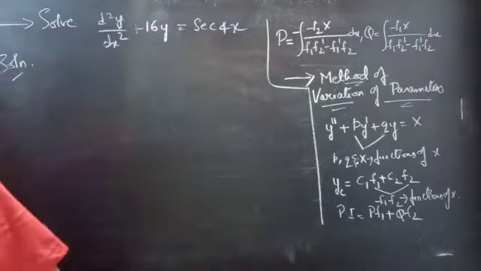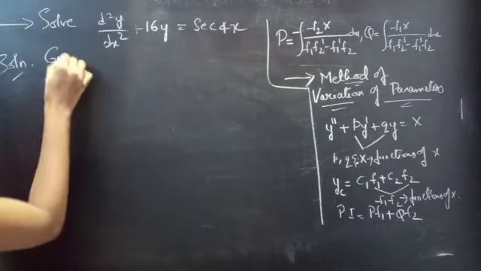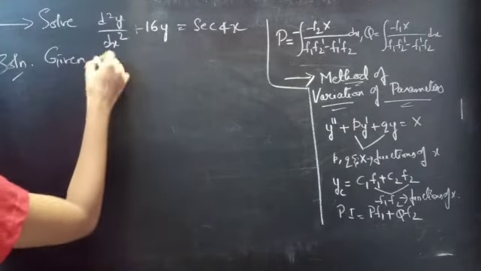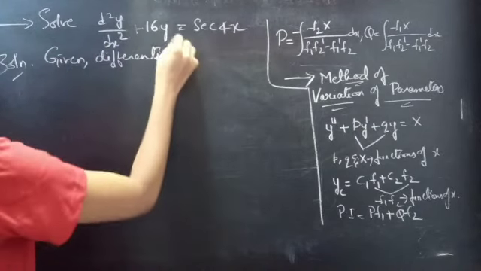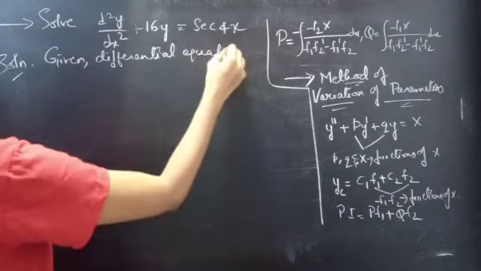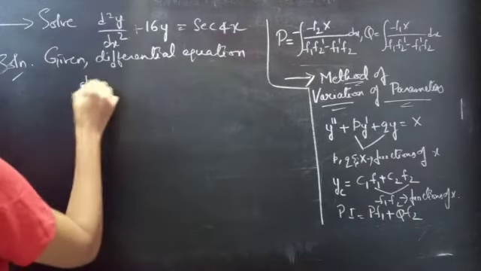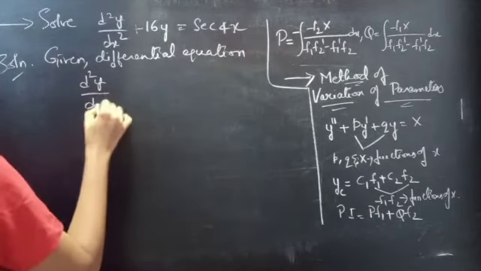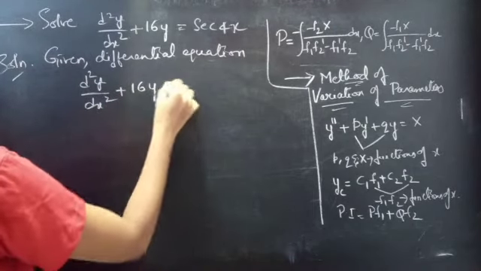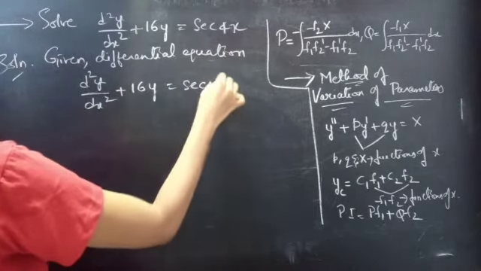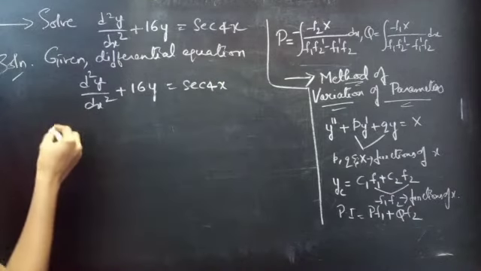Now coming to the solution, the given differential equation is d square y by dx square plus 16y equals secant 4x, right?